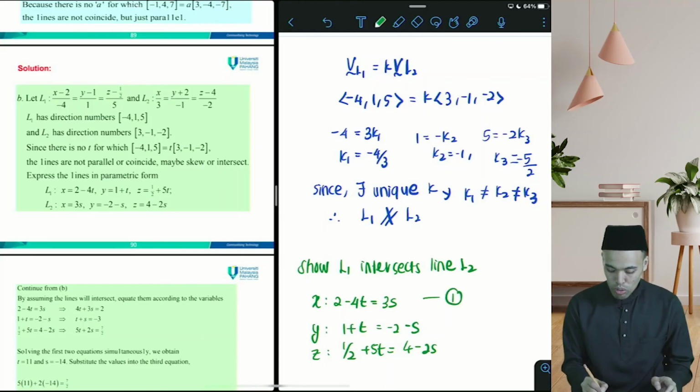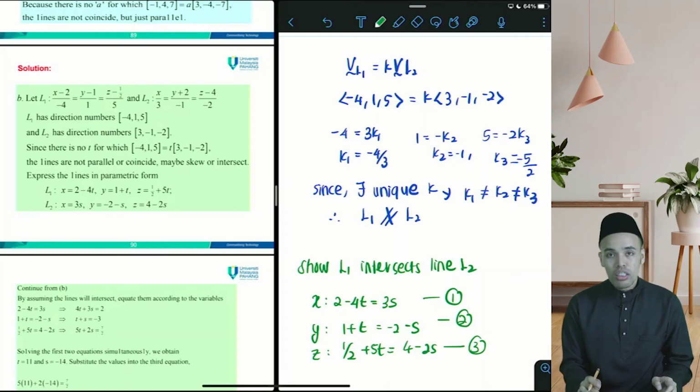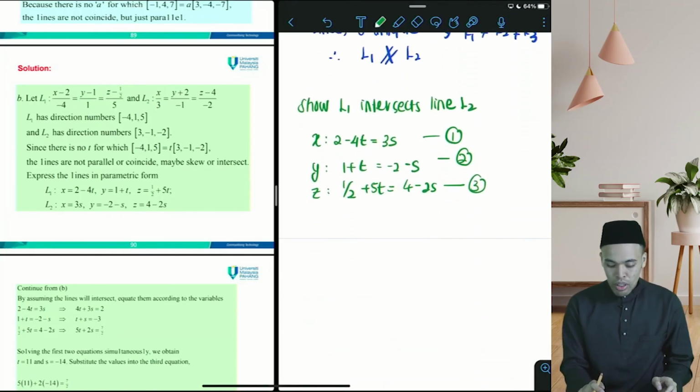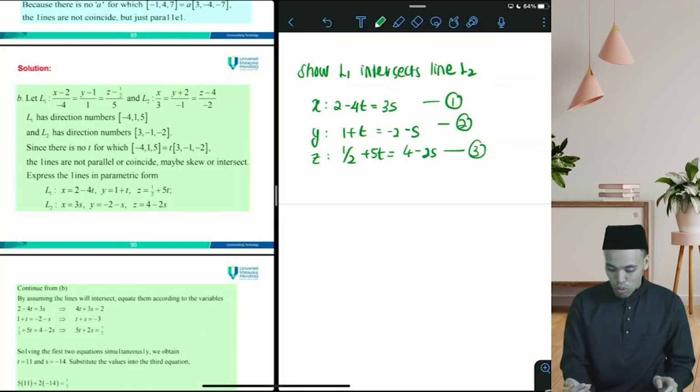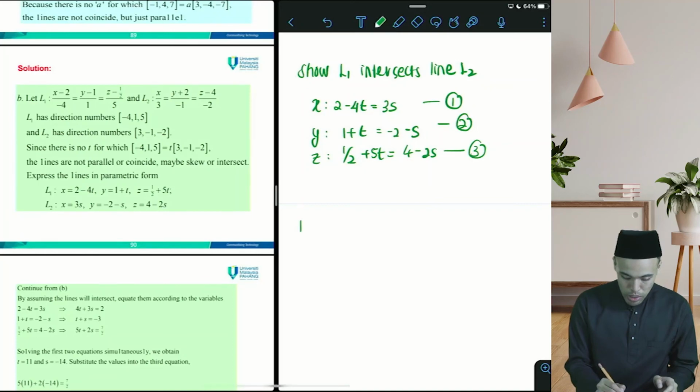So we are going to call them first, second, and third equations. So you can either choose to solve the first two equations, or solve 2, 3, or solve 1, 3 simultaneously in order to determine the value of both unknowns. So in this case, maybe I can choose to solve 1 and 2 simultaneously.